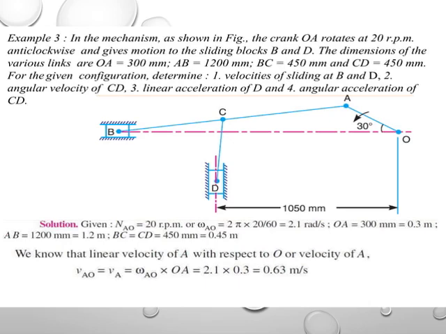Next, OA is 300 mm, converted into meters, that is 0.3, AB is 1200 mm, and BC and CD are equal to 450 mm. We know the formula for linear velocity of A with respect to O, VA equal to omega into OA, that is 2.1 into 0.3 equal to 0.63 meters per second.